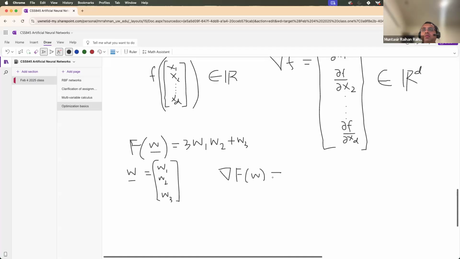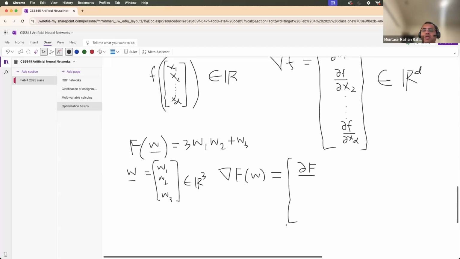So what do I do? My first entry is the derivative of this function with respect to what? As we said that this lives in, let's say, R3. So the gradient will also be a three-dimensional object, so we will have three derivatives, right?